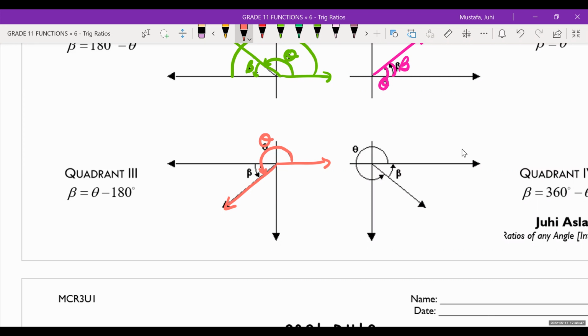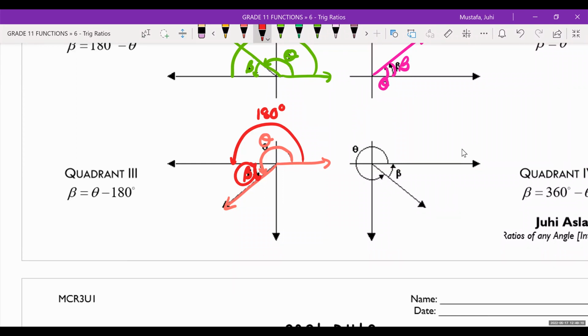So we need to find a related acute angle, and we're going to find that from measuring from 180 to the terminal line. How are we going to do the calculation? Again, don't memorize anything, use logic. You know from here to here, it's 180 degrees. If we take our theta measurement and we subtract 180, we will get this little beta over here.